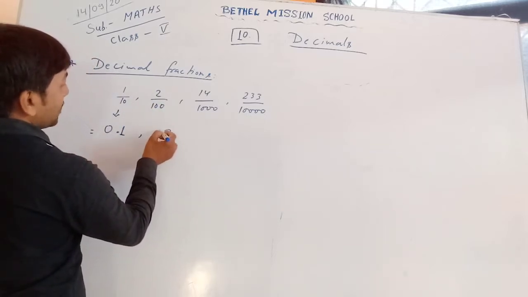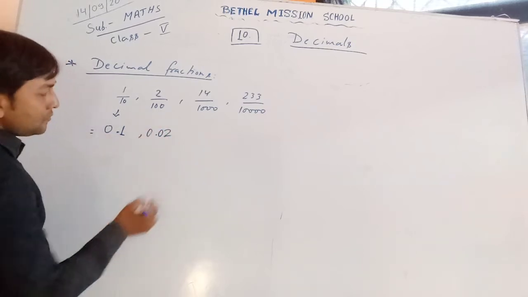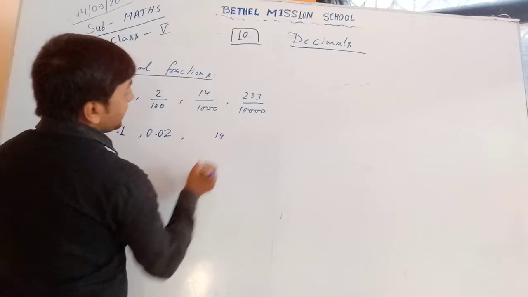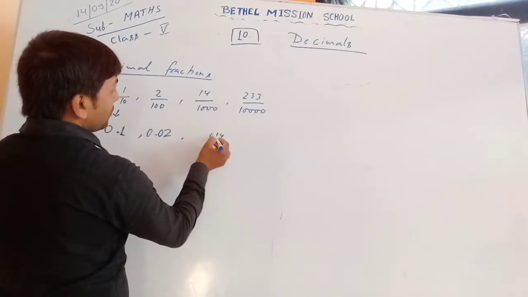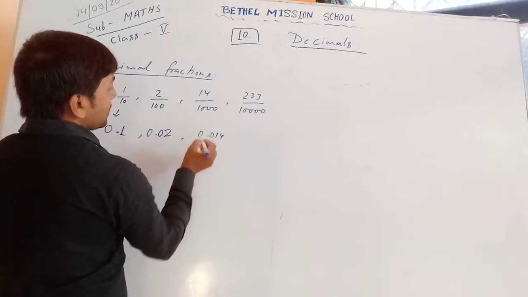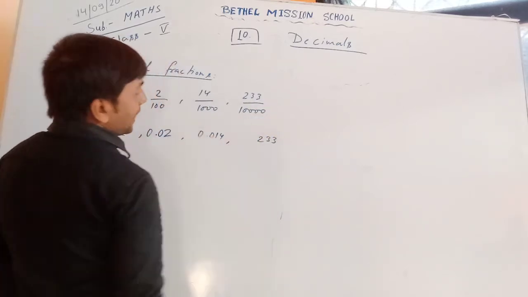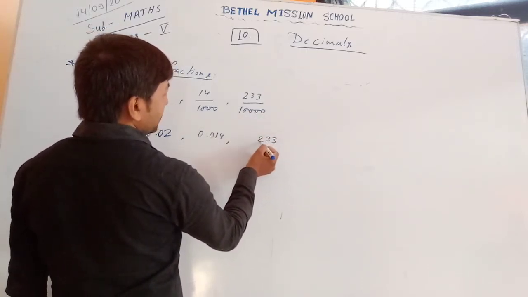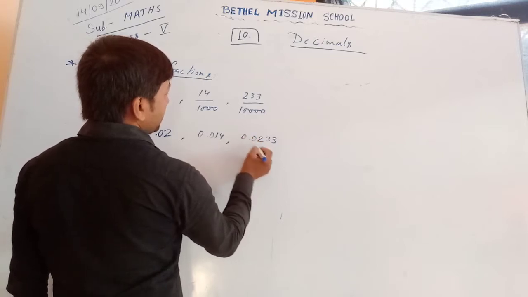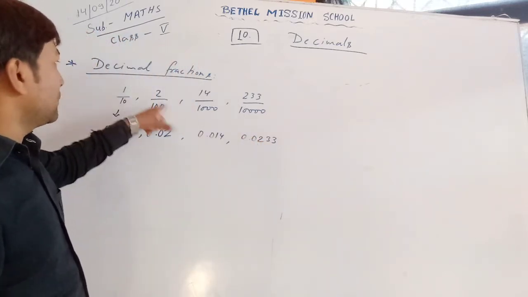Here 1 is given, so you have to write another 0 as well. For 233, with 4 zeros given, put the decimal after 4 digits. These are called decimal fractions.